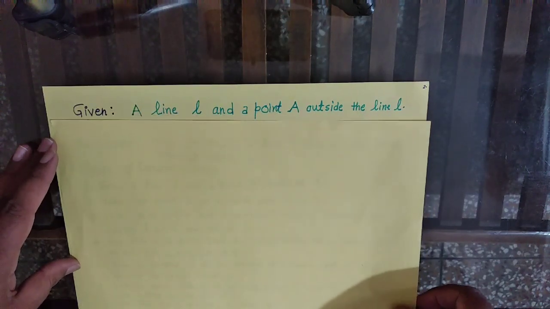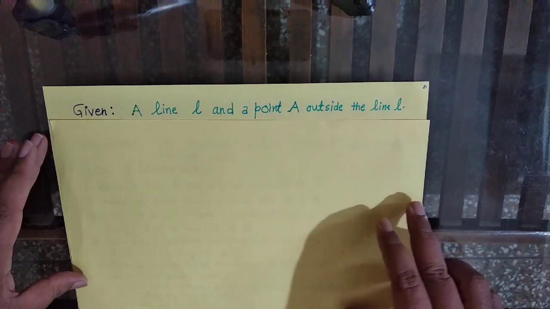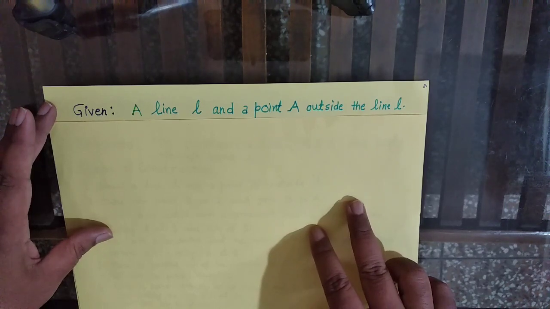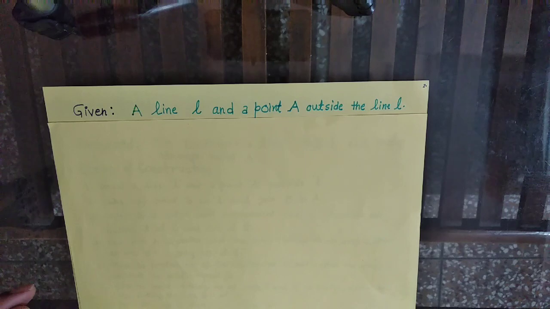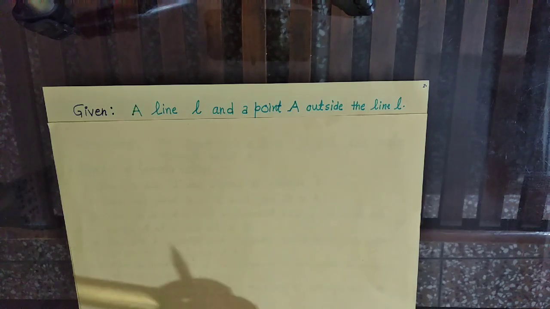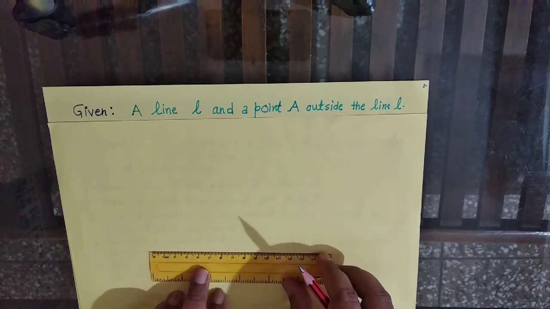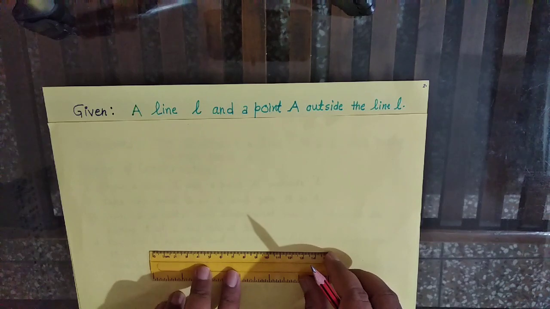So in this construction, a line L and a point A which is outside the line L is given. First of all, we draw a line L by using a ruler.